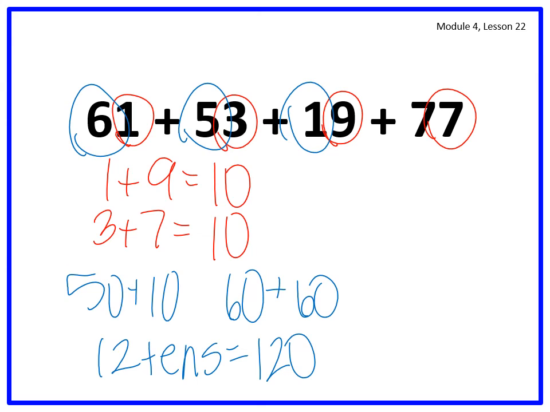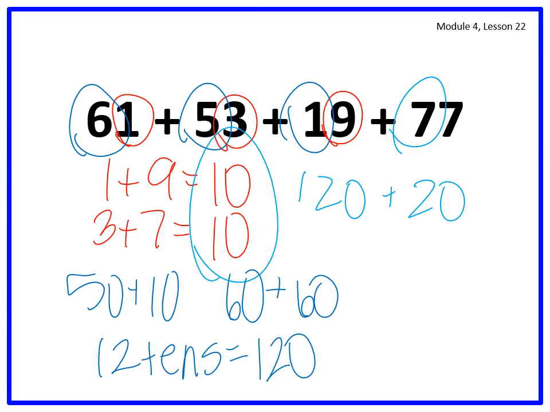Now the only 10 that I have not added is our 7 tens. So 120 plus 20 that we had in the ones place is 140. Now let's take a look at the 70. 140 plus 70.